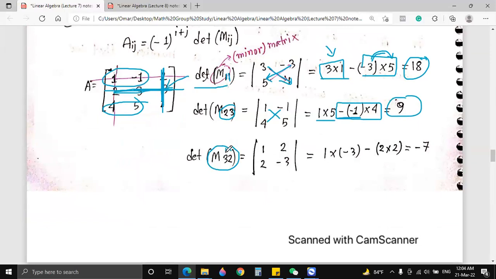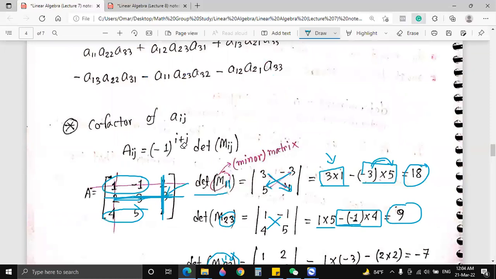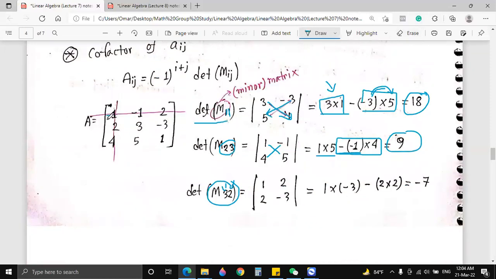That means column number 3 and row number 2. So column number 3 is, the third column is 1 2 3. Sorry, I forgot. So this one is row, right? Row number 3 and column number 2.